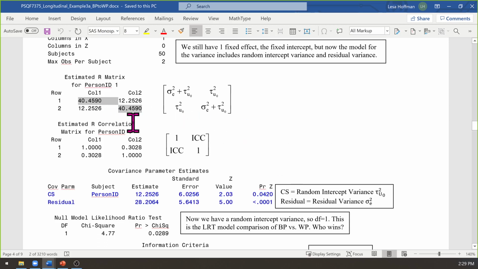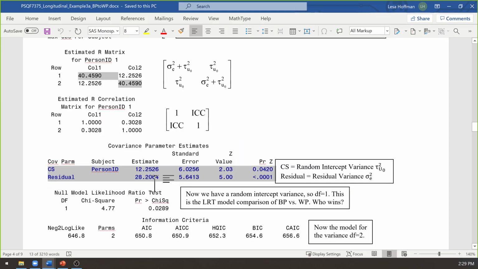The model also says, though, that that total is because of two different piles. How much of it is E and how much of it is U? So those two numbers are given to us in the covariance parameter estimates table, the 12 and the 28. The CS term, that's your random intercept variance.